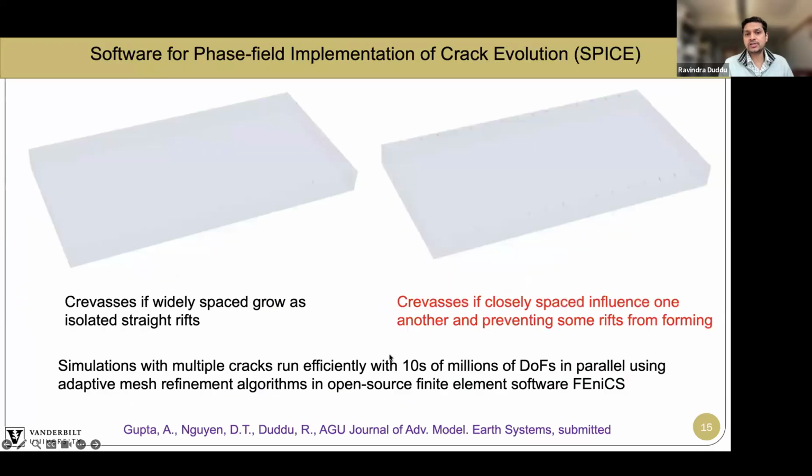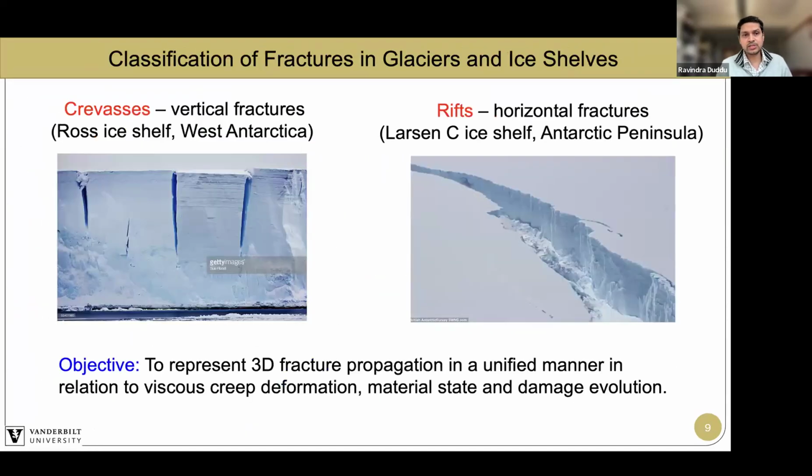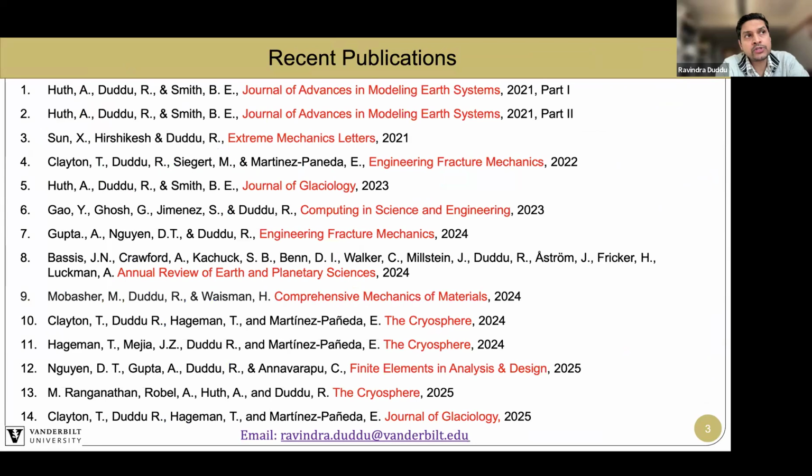Not in the context of phase field from my group, but Tim, who's perhaps still in the audience, has looked at that. He was looking at firn as a porous, poroelastic material, and then looking at flow there. So he'll be a good person to reach out to. But this paper from 2024 with Clayton in The Cryosphere, we used a linear elastic fracture model to look at firn and whether the porous layer makes a difference for fracture.